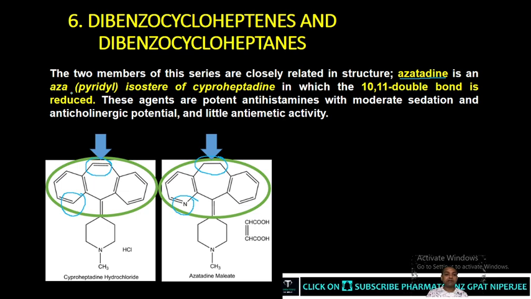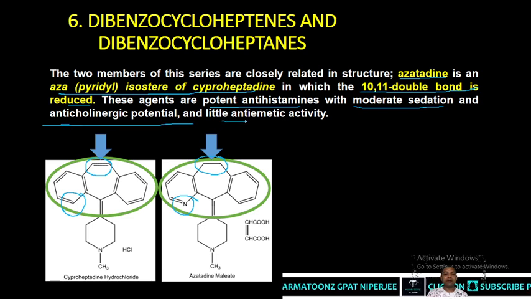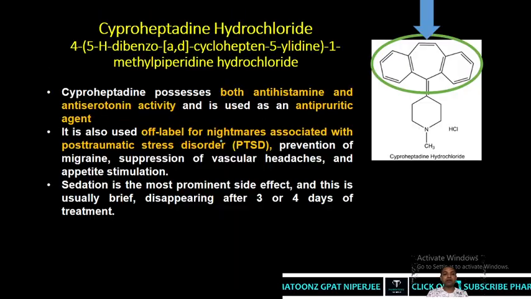So azatadine is an aza isostere of cyproheptadine in which the 10, 11 double bond is reduced, and these agents are potent antihistamines with moderate sedation as well as anticholinergic and antiemetic activities.